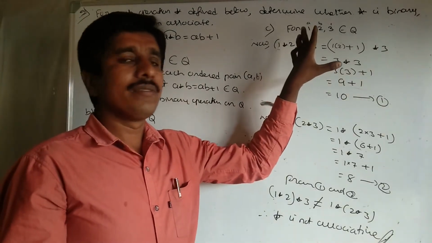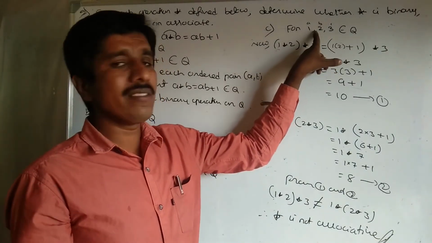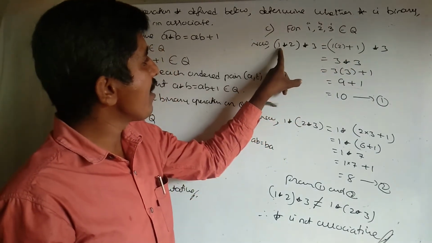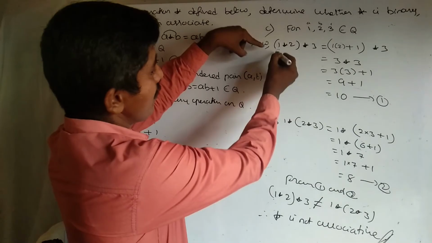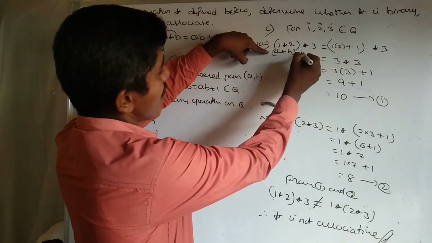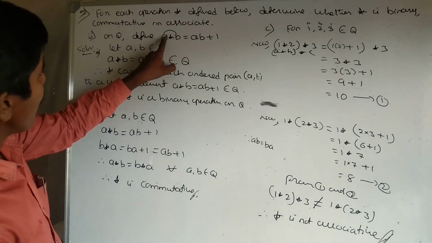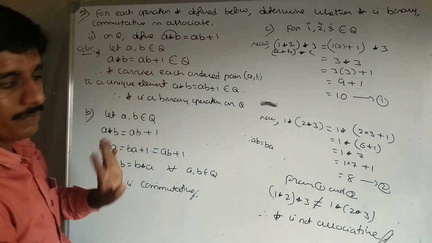Be careful here. Take any 3 different rational numbers, 1, 2, 3 belonging to Q. Here (A star B) star C. While defining star, be careful: A star B equals A into B plus 1.